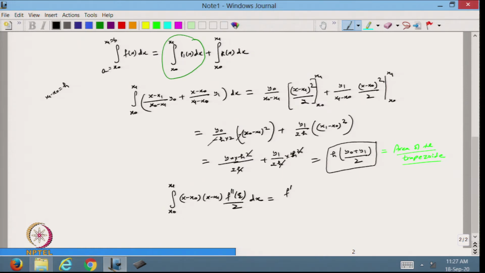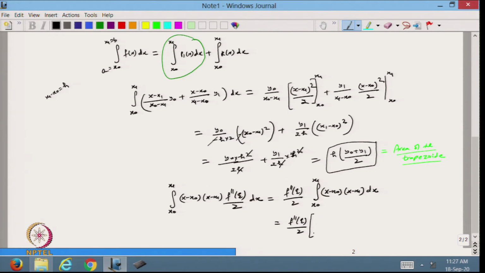Because this is a constant value, I can take it outside and then integrate. Now this is the product of two functions, so I can simply do integration by parts.